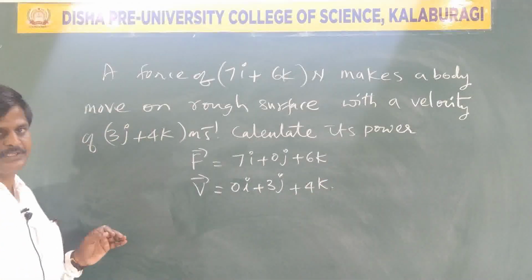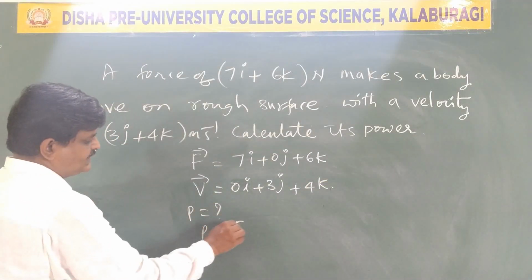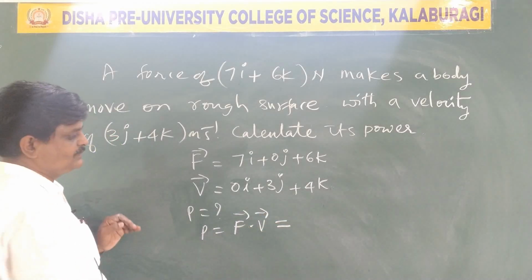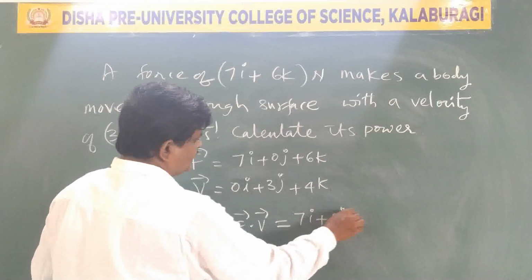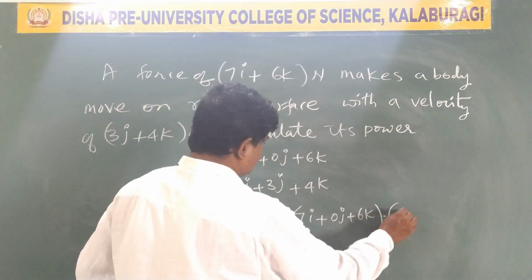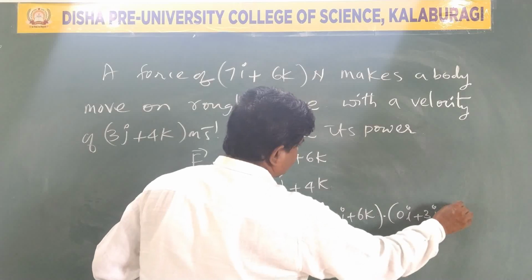Now what is being asked? Power. So power is the target. What is power? It is the dot product of force and velocity. The force is 7i plus 0j plus 6k, dotted with 0i plus 3j plus 4k.